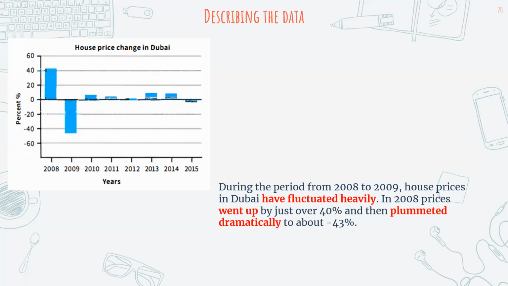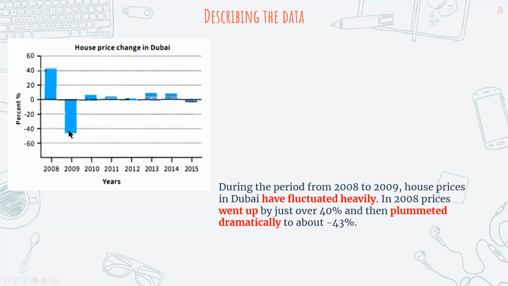So I have used the adverb heavily with the verb have fluctuated, because this year it went crazy down. It was 40%, then it went down to minus 43%. So I have to describe.